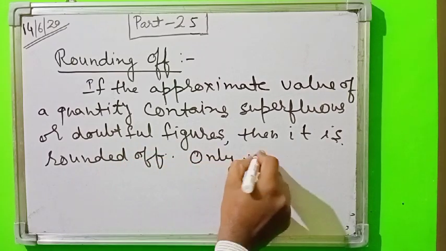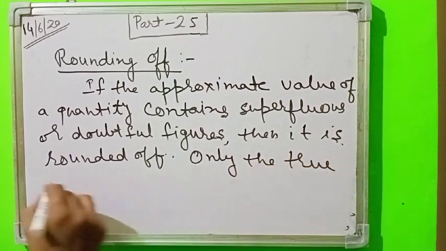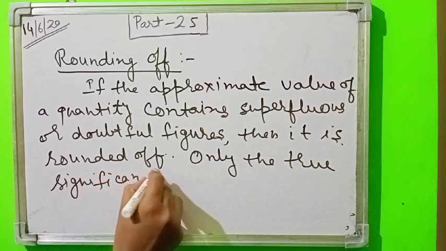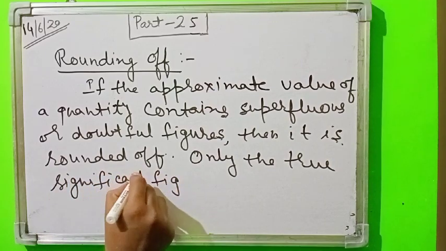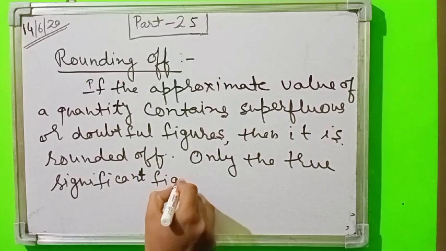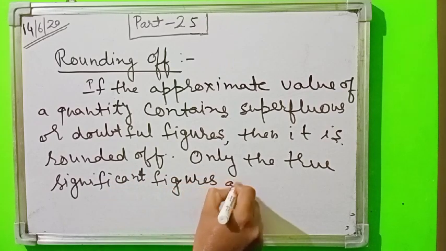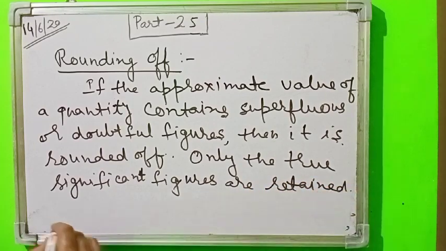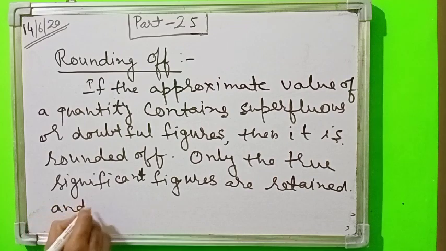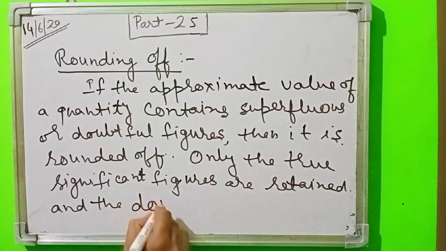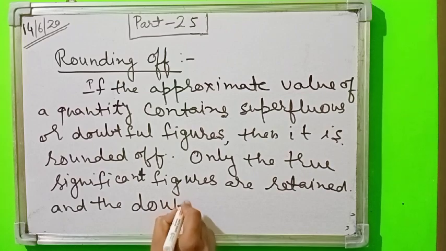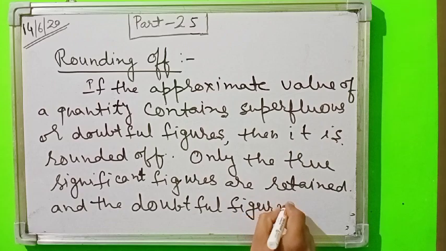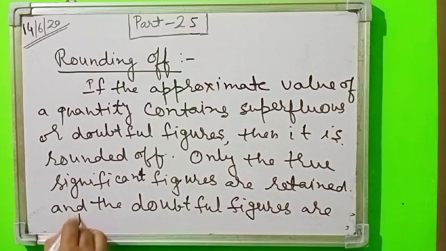Only the true significant figures are retained, and the doubtful figures are discarded.